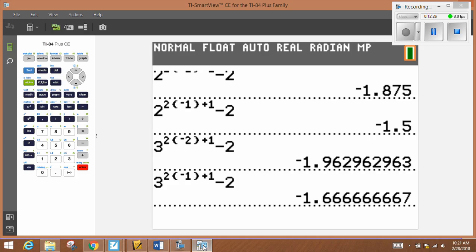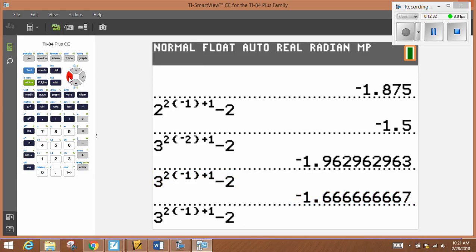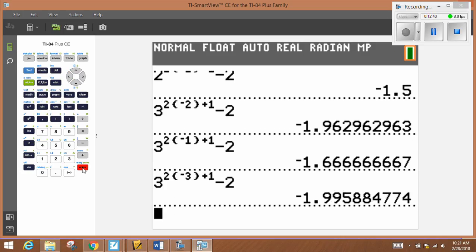Let's check it out. What happens when we plug in -3 in there? If what I'm saying is right, it should get even closer to -2. So we see this behavior, and that's how we're going to graph it.